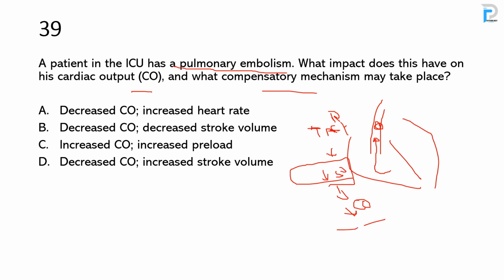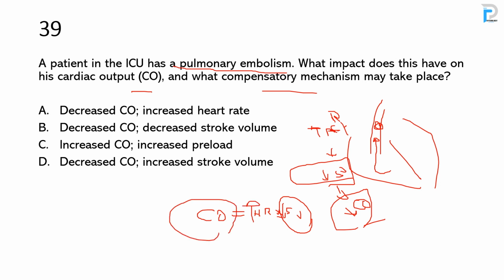So what kind of compensation might happen? Cardiac output equals heart rate multiplied by stroke volume. So if the primary reason for a decrease in cardiac output here is the decrease in stroke volume, the compensatory mechanism that is going to happen is to increase heart rate, trying to maintain cardiac output.